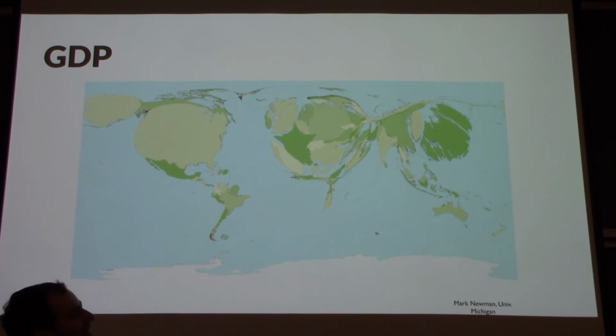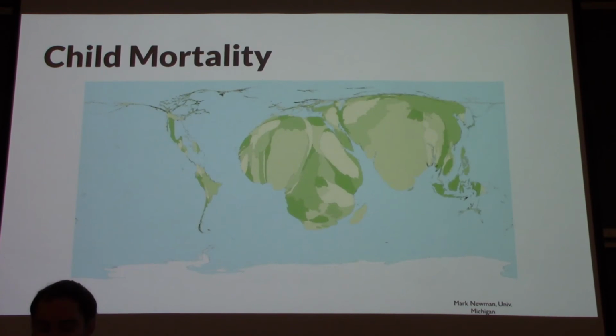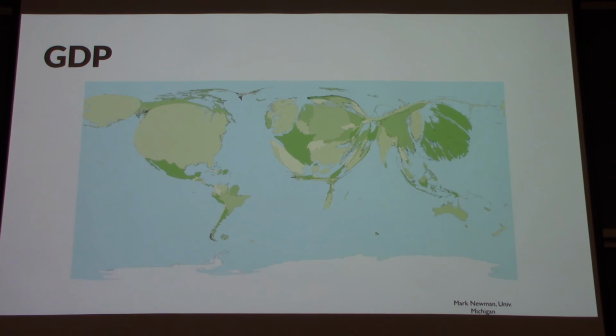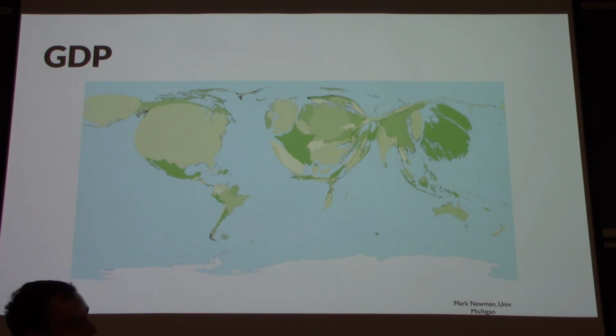But you get an idea: Japan actually looks almost as big as China. France is amazingly huge, and Germany too. France, Germany, the United States are the big industrialized countries. And of course Alaska also looks pretty big.